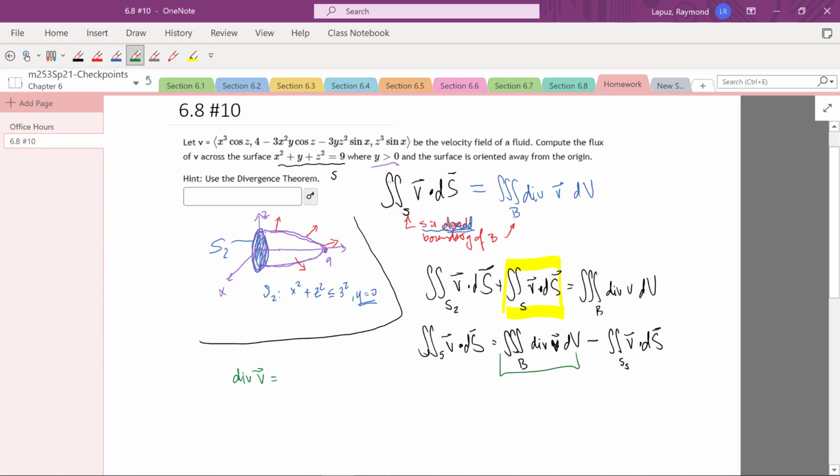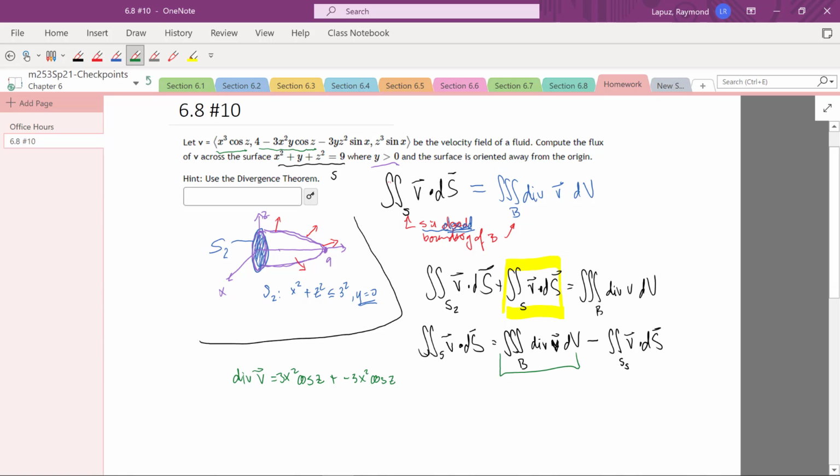And V is equal to this, so let's take the derivative with respect to x. For the first one, it's going to be 3x squared cosine z, where cosine z is constant. And we want to add the derivative of the second one with respect to y. So that's 0, and then we have a minus 3x squared cosine z.